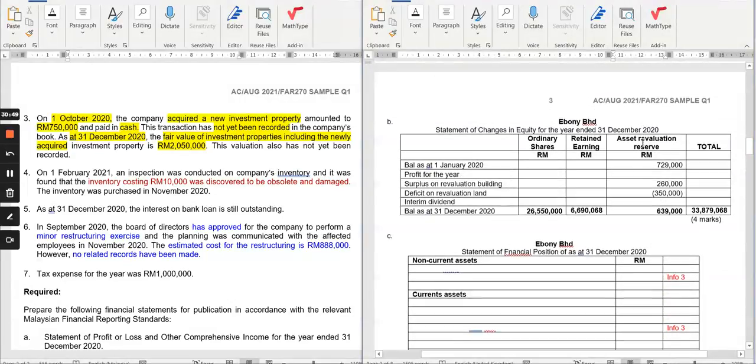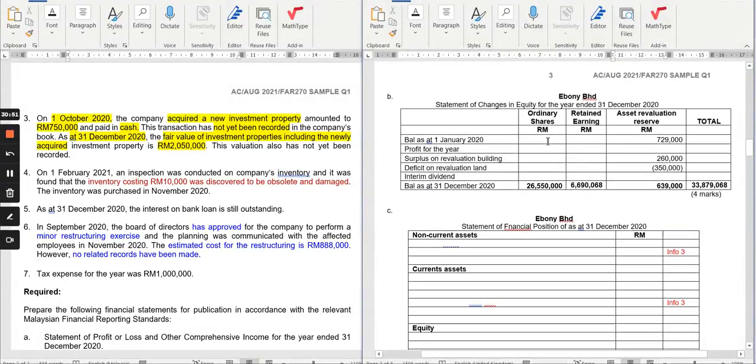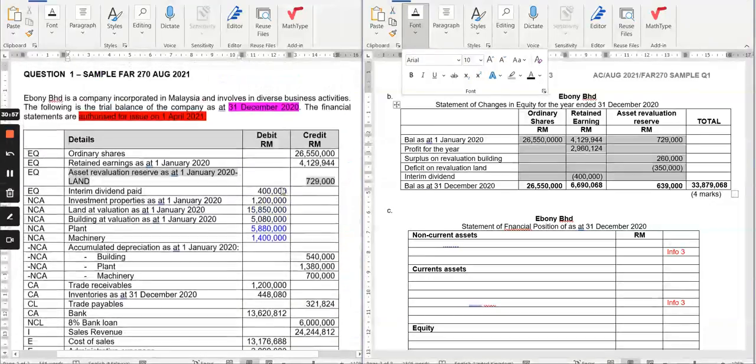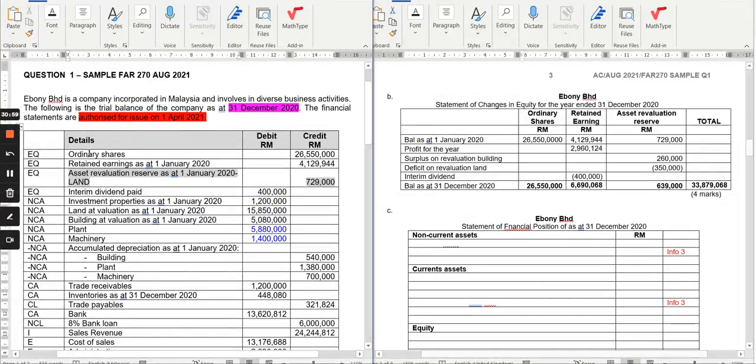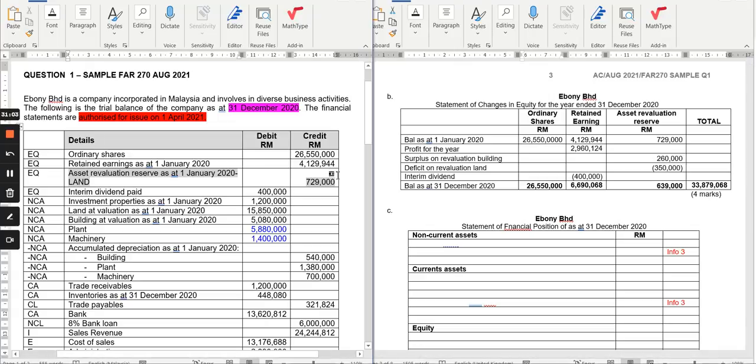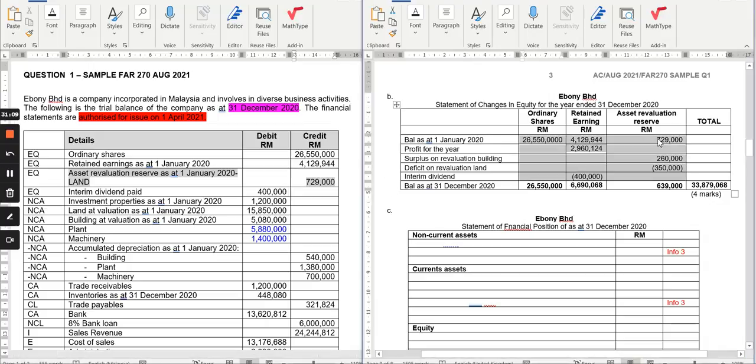Now we move on to the statement of changes in equity. The statement of changes in equity, right? You will take the items that you have here: ordinary shares, 2,650 from here, retained earnings, the figure here, and the asset revaluation reserve here is the one for land.